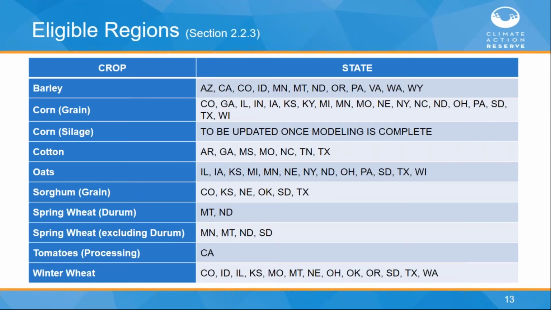So a corn year will always be compared to a corn year. And if there is a corn-wheat rotation, the quantification approach does not calculate emission reductions associated with that rotational impact. So in that example, a wheat year would need to be compared to a wheat year.